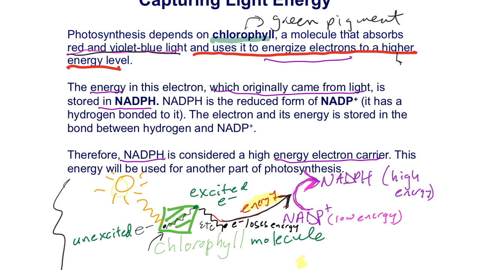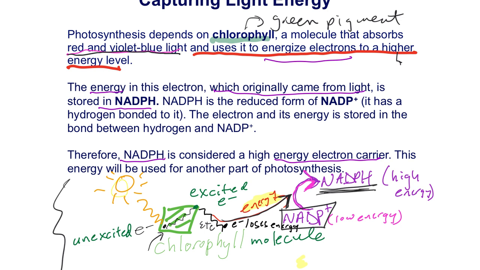That energy is transferred and energizes an ATP-like energy molecule called NADPH. So that energizes the NADP plus and turns it into NADPH, which is the high energy form of NADP.